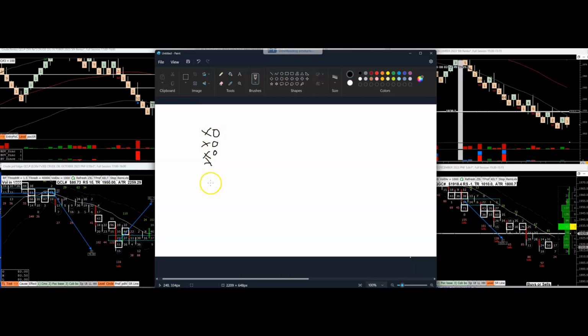And even before this, there were no O's. It was just X's, X's, X's. And then when it would reverse, it would be O, O, O, with the one box reversal. So instead of X's and O's, it was just X's.